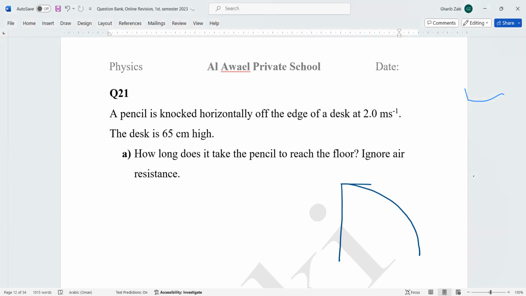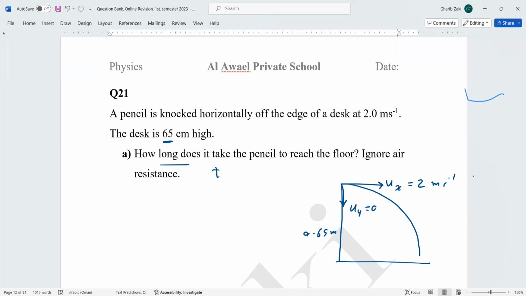Here we have horizontal motion, so ux equals 2 meters per second, but uy is 0 because it is horizontal, and the desk is 65 centimeters, which means 0.65 meters. We need the time to reach the floor, ignoring air resistance.